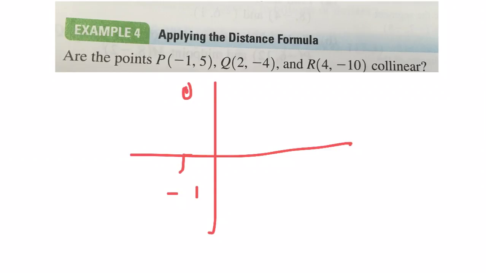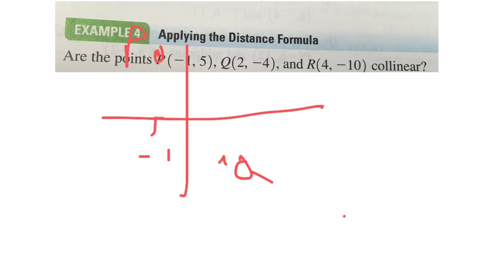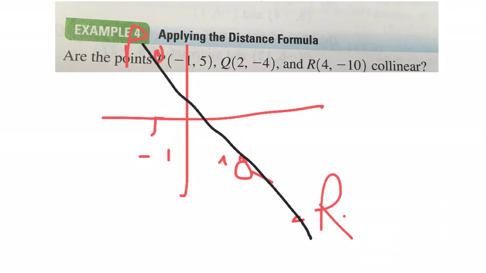So like if that's point P, this is point Q, and point R is like down here, would they form a straight line? Now that's a rough sketch, so don't go off my drawing, but that's the general idea.